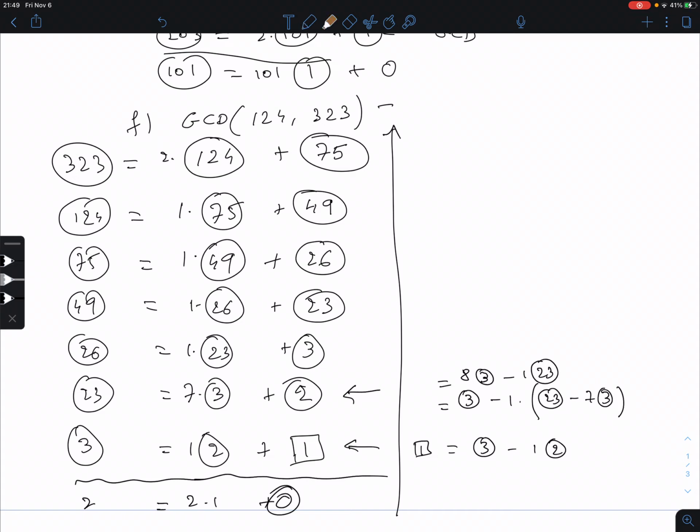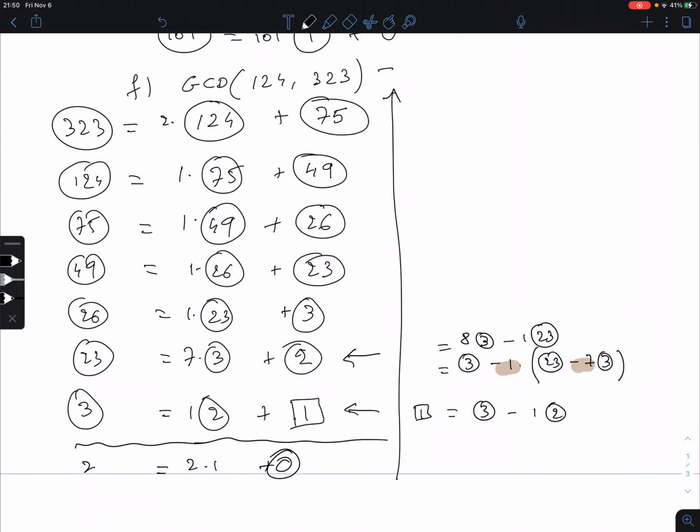Let me emphasize where this 8 comes from: we have this minus 1 times minus 7. If you want an extra step, I'll write it here. So we have 3, and let's expand the minus 1: minus 1 times 23, and plus 7 times 3.